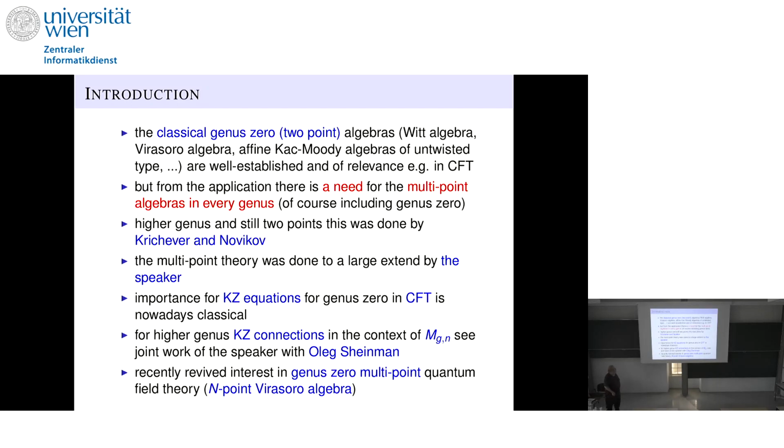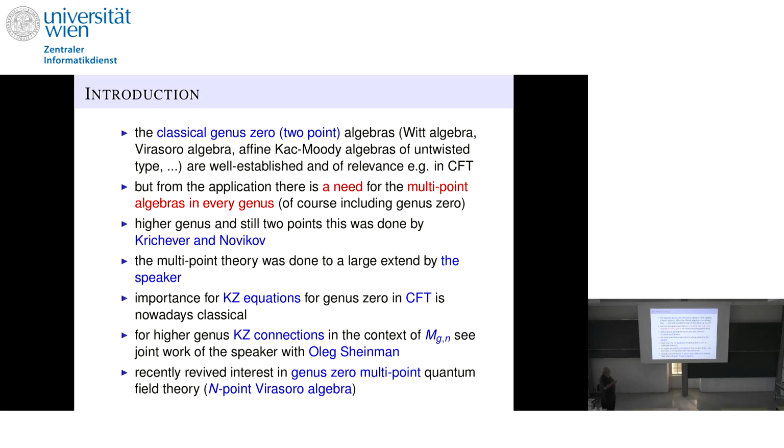This is one of my research topics, and this was in '86, '87. I started this business a long time ago, in the 90s with my PhD, and then a couple of years ago I wrote a monograph about this Krichever-Novikov type algebra. So I developed it further.